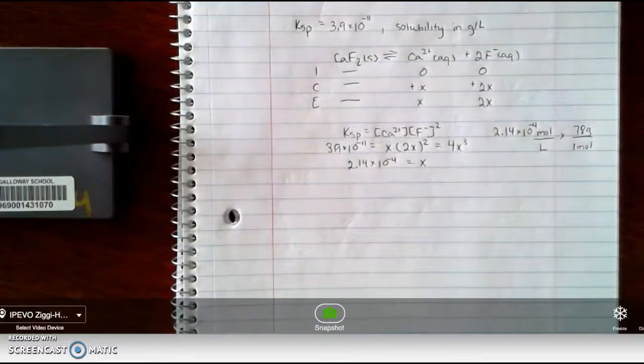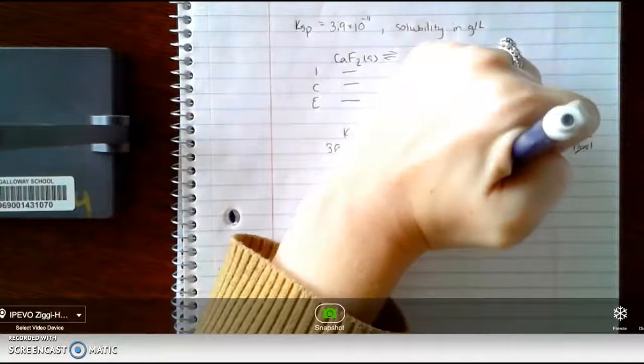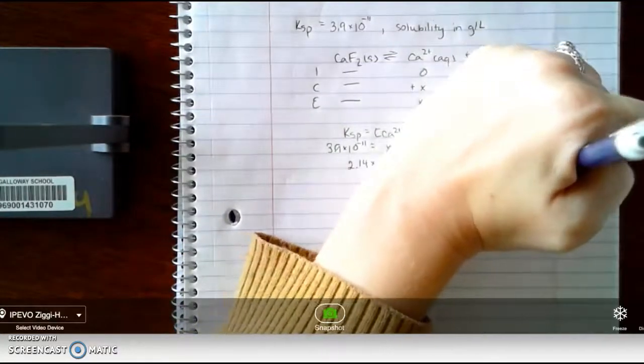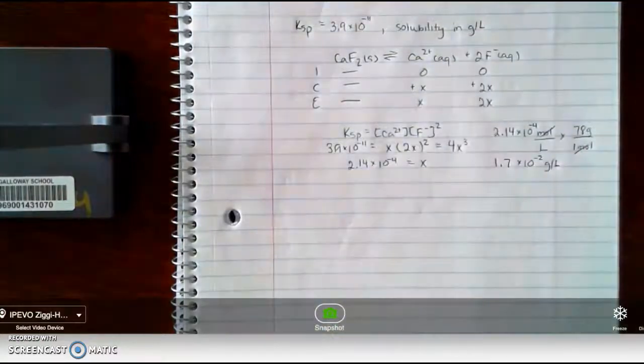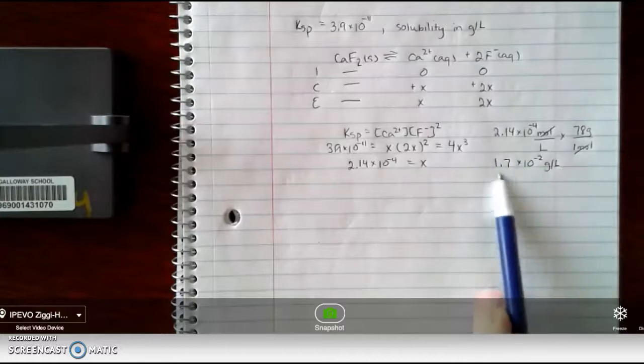And when we do that, moles are going to cancel, and we're going to get that the solubility of this is about 1.7 times 10 to the negative 2 grams per liter. So that means 0.017 grams of calcium fluoride will dissolve in 1 liter of water.